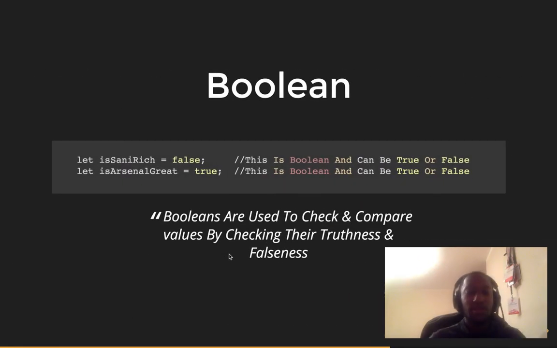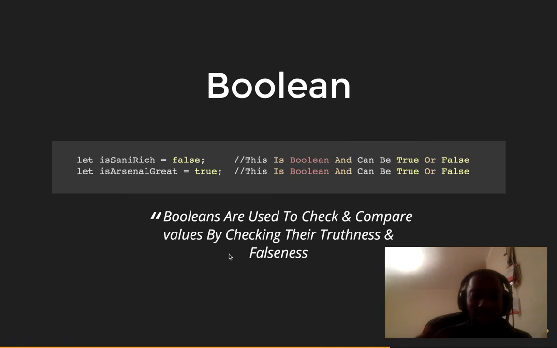Then the next is Boolean. Boolean is how we check for truthiness and falseness. So we can check if something is true. For example, is Usain Bolt the fastest runner? When I ask you that question, you tell me yes or no. Sometimes when you want to represent logic, you need to be able to know something is true or false. Like, is Nigeria a great country?